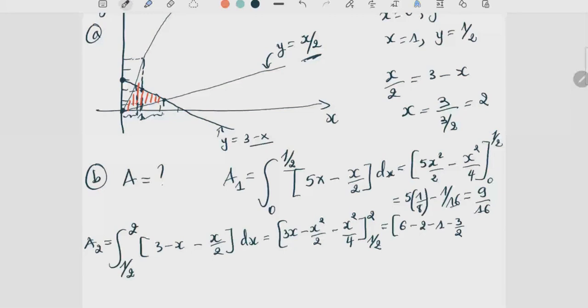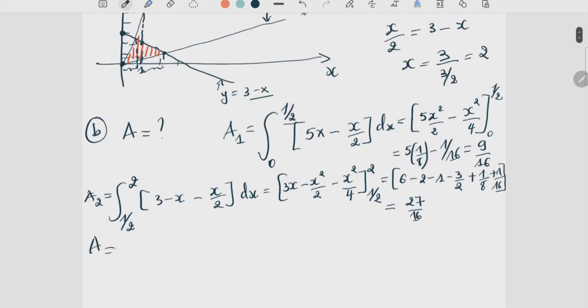When you substitute half now, 3 over 2 plus, because remember you're subtracting, it will be minus minus, which becomes plus, half squared over 2, which is 1 over 8, plus 1 over 16. And if you add up all of this, you should get 27 over 16.